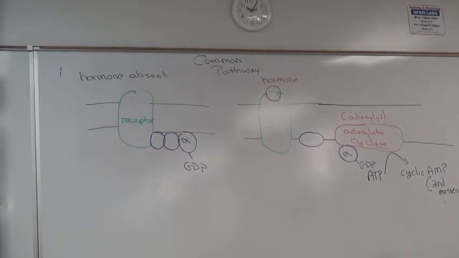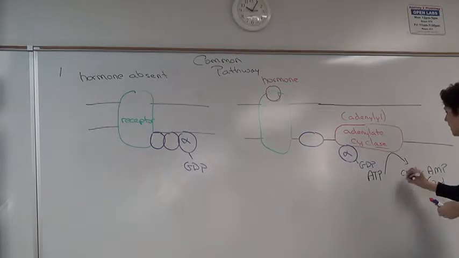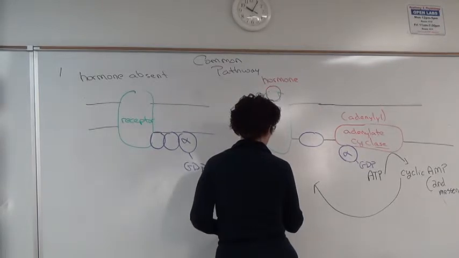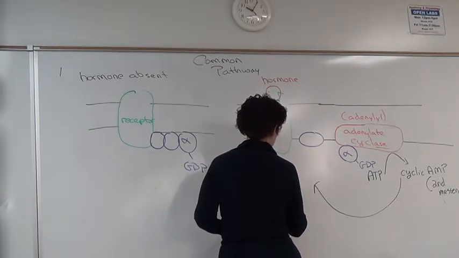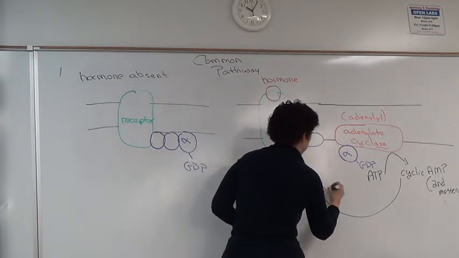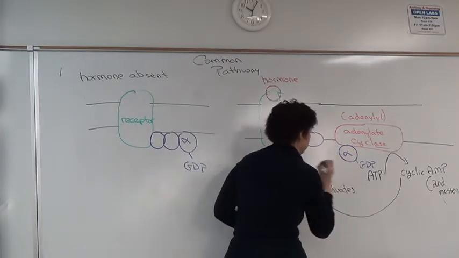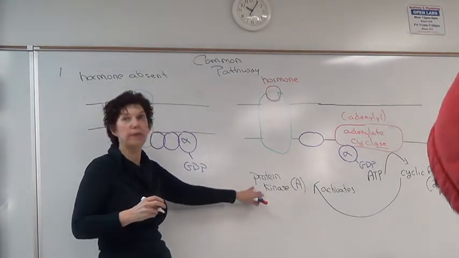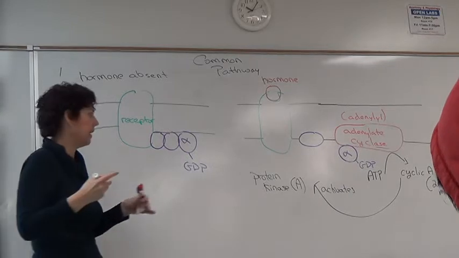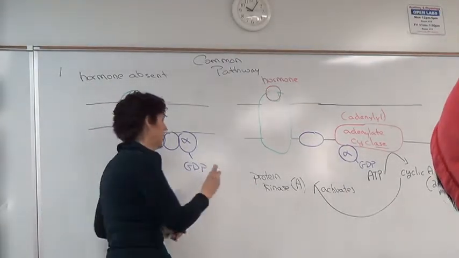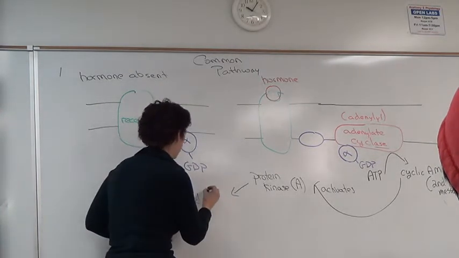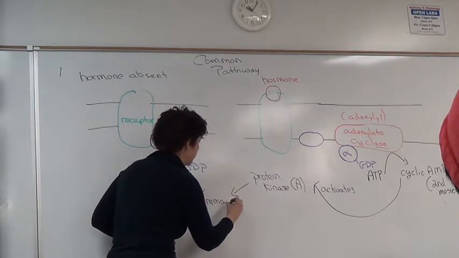And we actually can have a variety of steps. So what cyclic AMP does is it further activates enzymes known as protein kinases. And in this case, they're known as protein kinase A. So without cyclic AMP's intervention, protein kinase is not active. When cyclic AMP interacts with it, protein kinase A becomes active, and its role is to add, typically, and I'll put in parentheses, remove, because sometimes that's what it does.